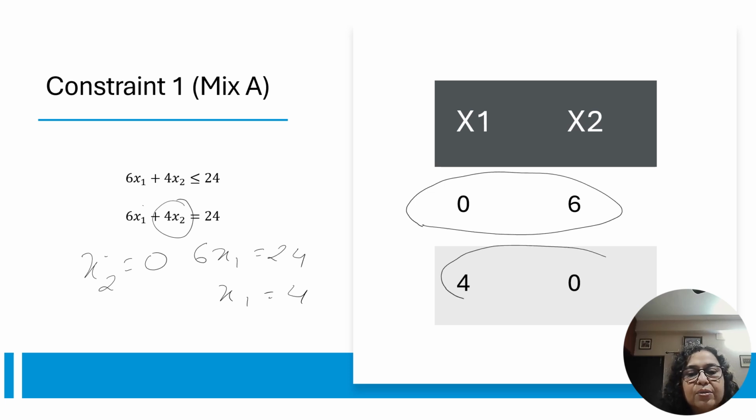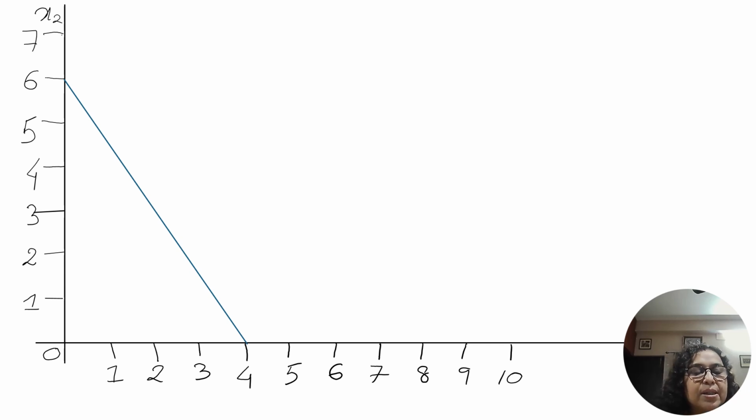Yes, 4, 0, done. So let's now plot it on a graph and see how it looks. So we have plotted this on a graph. So this is 0, 6, and this is 4, 0.